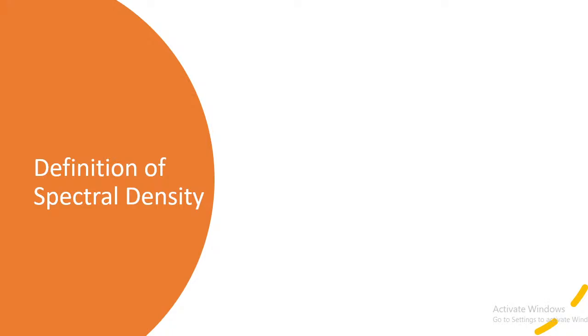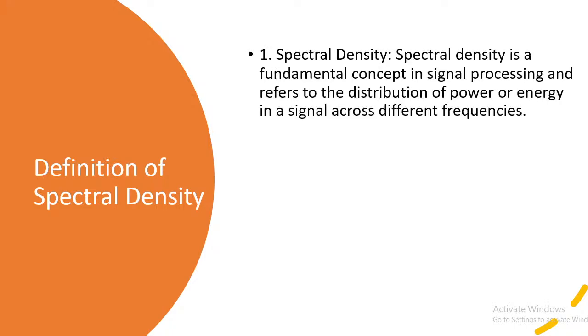Now, once we know this, what is spectral density? Let us define spectral density. This is a fundamental concept in signal processing, communication systems, etc. It refers to the distribution of either power or energy of a signal across different frequencies.